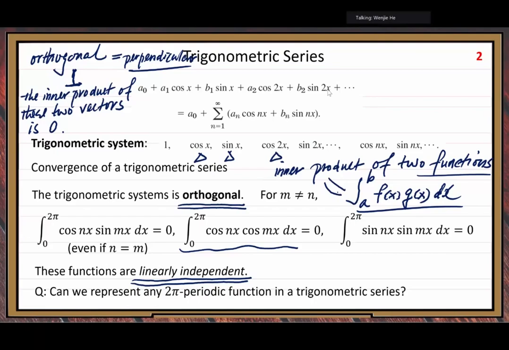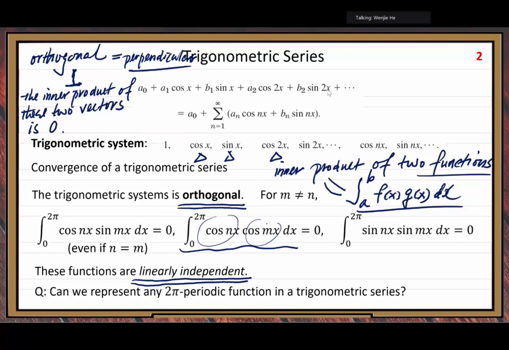Now you can see, based on this definition, these two functions are orthogonal. Why are they orthogonal? Because their inner product equals 0. So that's why we call them orthogonal. The inner product gives the angle between two vectors.